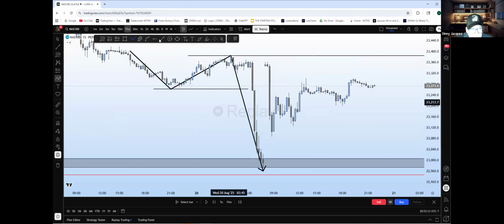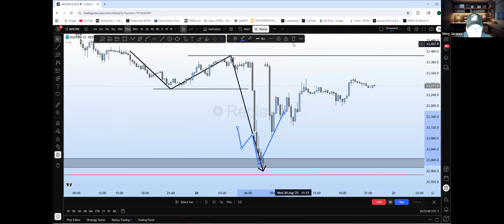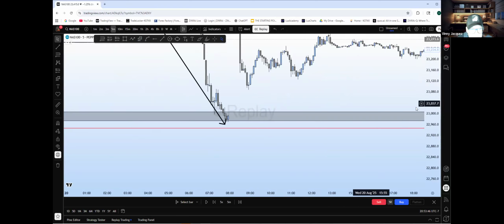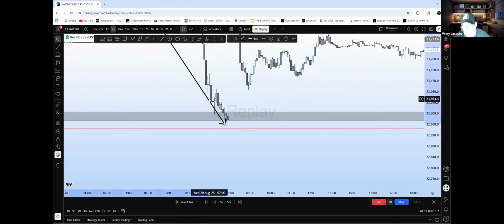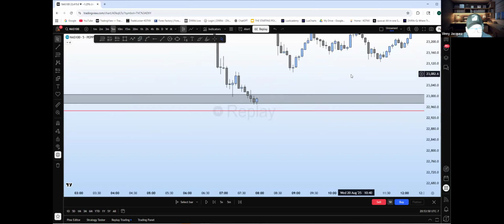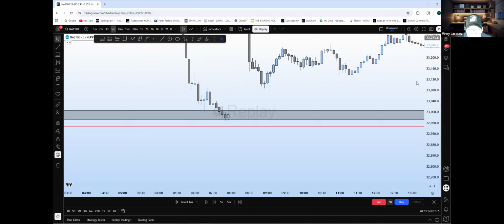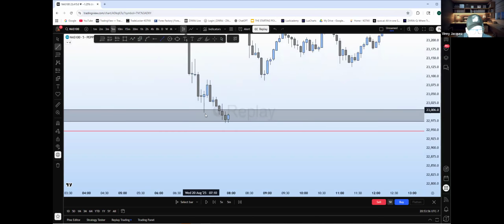So I want to try to catch a low and pull back as low as possible down here. I want to see if I can catch a break of structure even lower. Right, so let's drop down to the 5. Now, as of right now, I don't know if the market comes down this low.